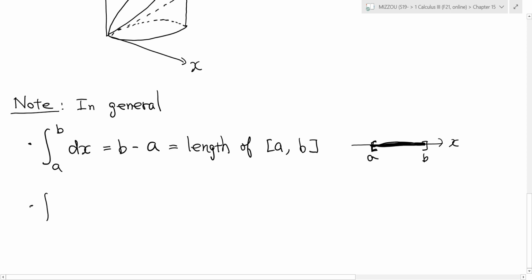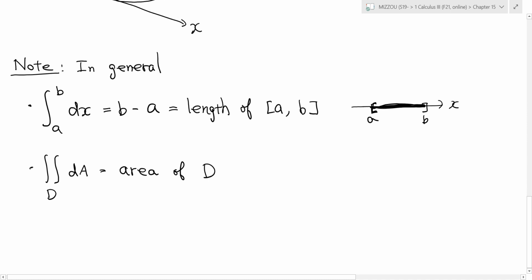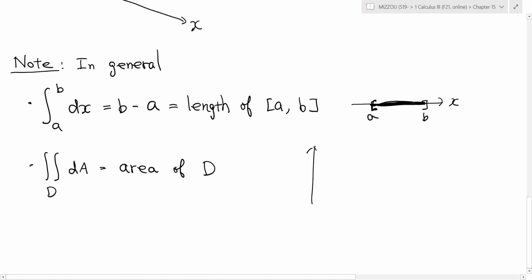And now, for the double integral, if you double integrate the constant function 1 over some region D, what you get is the area of D. So pictorially, for the double integral, you integrate over some region on the xy plane.